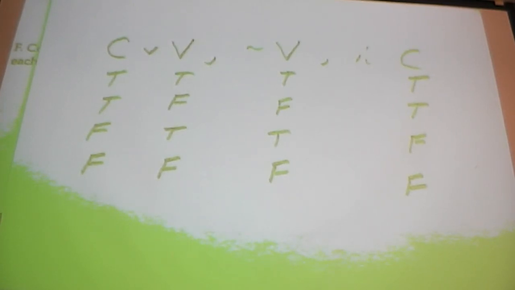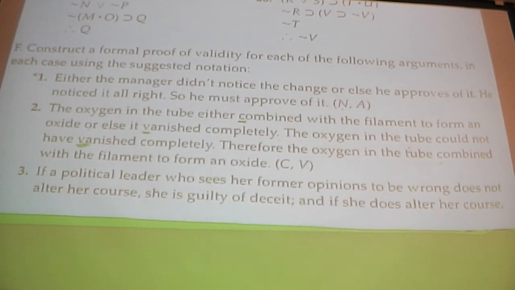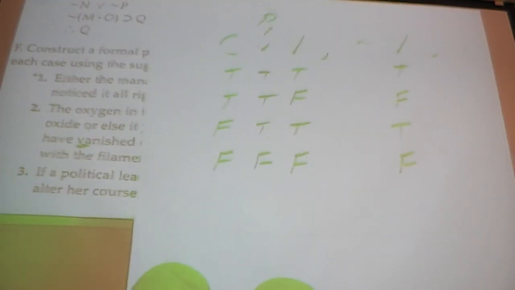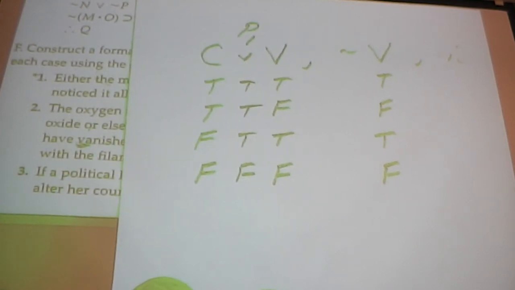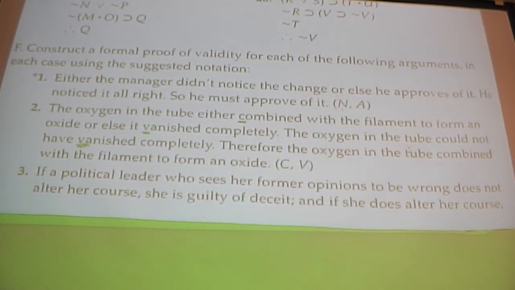Now you complete the columns for the first premise before moving on. There's only one symbol remaining. We have everything we need to determine the truth value of that wedge. That is C and V. So our first premise is that wedge. Now the second premise is a curl. Our conclusion's already done.